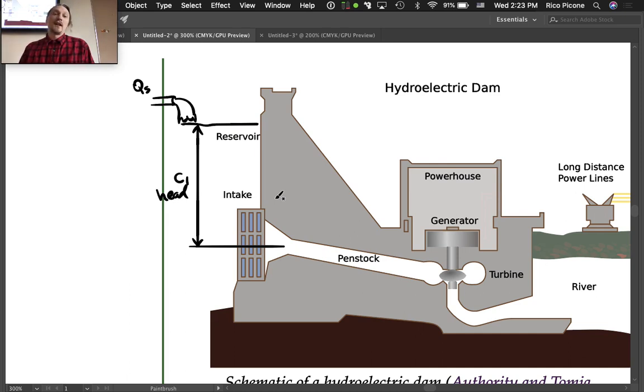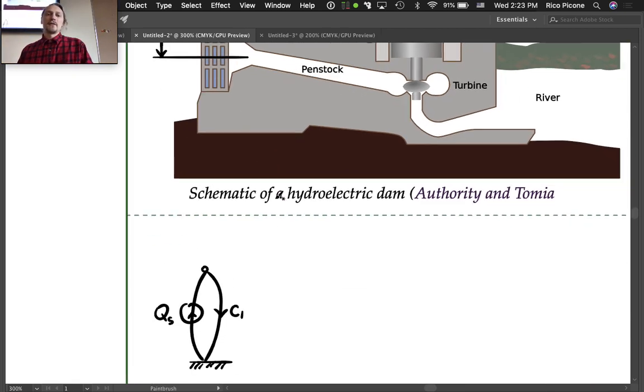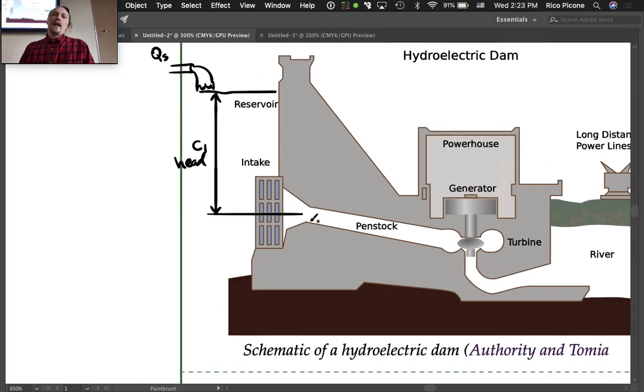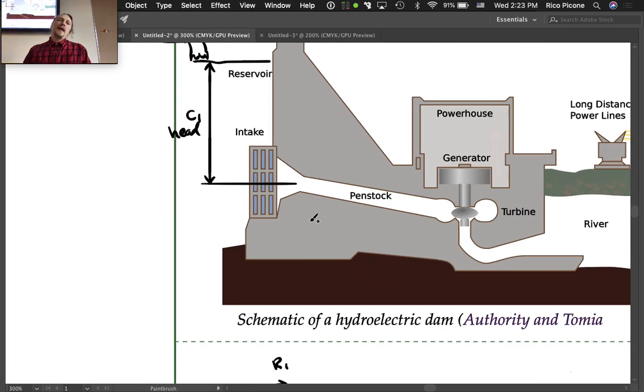So it's going to create a fluid resistance, right? It's not going to be able to push water through there as easily as if you didn't have it at all, right? So let's model that as a resistance. Call it R1.